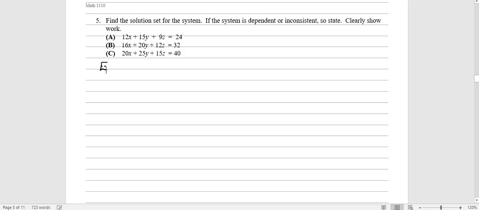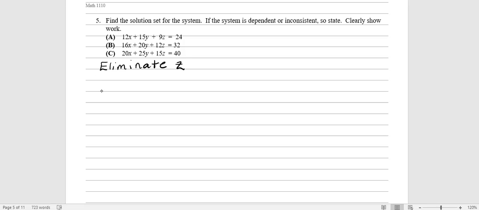No one variable seems significantly easier than the other. It does not matter if you eliminate x, y, or z first. Generally, the only thing guiding you should be which variable is easiest to eliminate first. That would be the choice you would want to make.